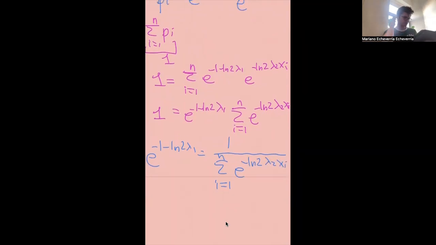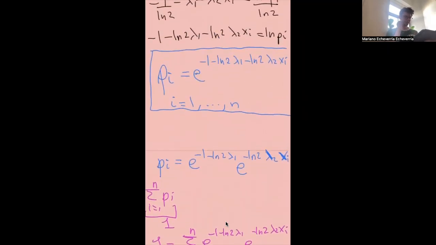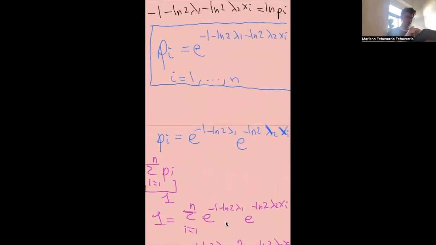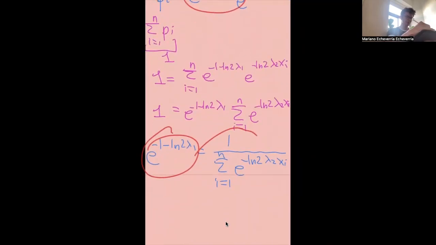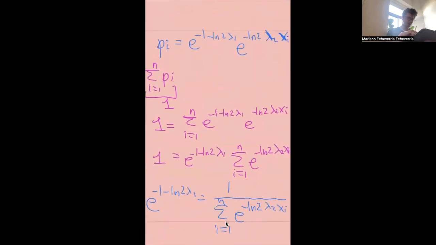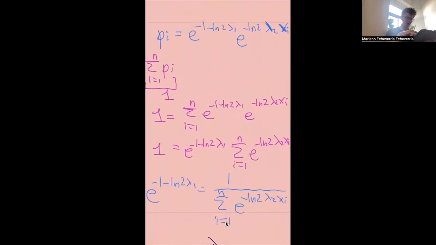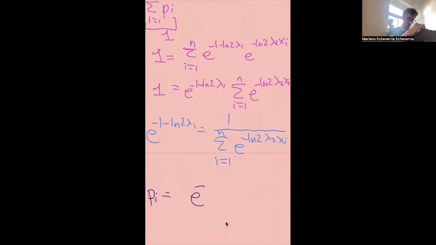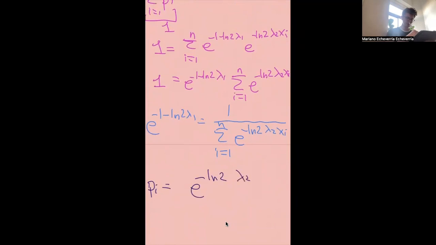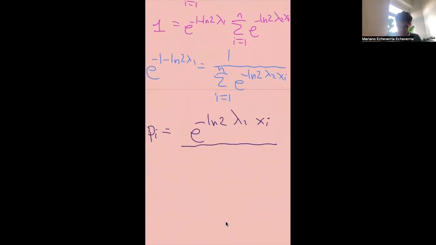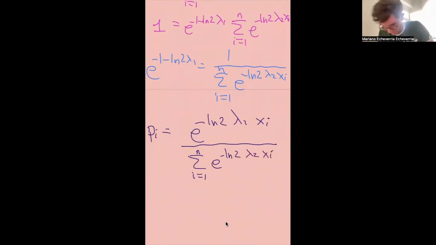And if you plug that back in here, then you get the formula I was after for the p_i's. So p_i equals e to the minus ln 2 lambda 2 x_i over this sum, and this again is true for i equals 1 through n.